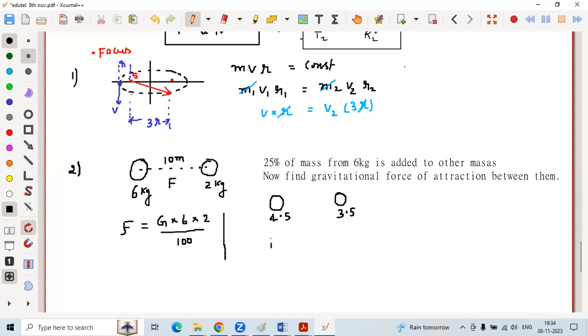Now the force between them is G, 4.5 because the formula is G M M by distance square, 3.5 divided by distance square, that is 100. Think of this as F1 and that as F2. Now take the ratio and get the answer.